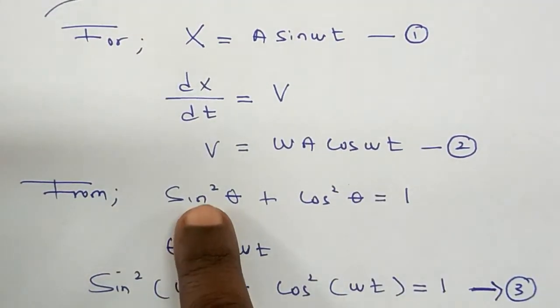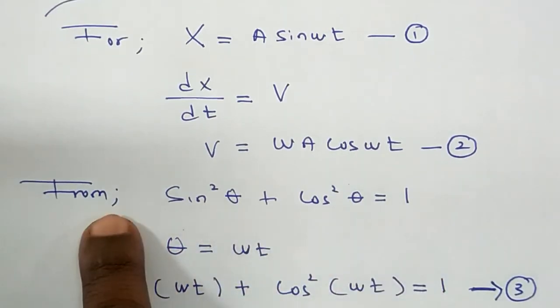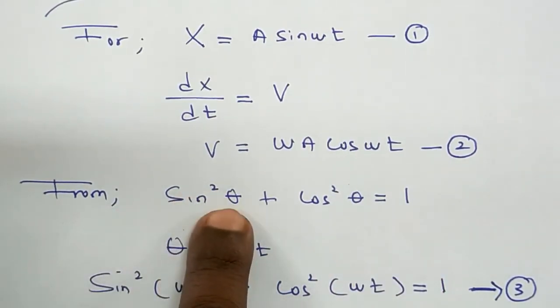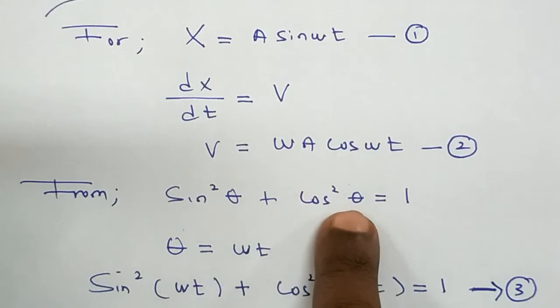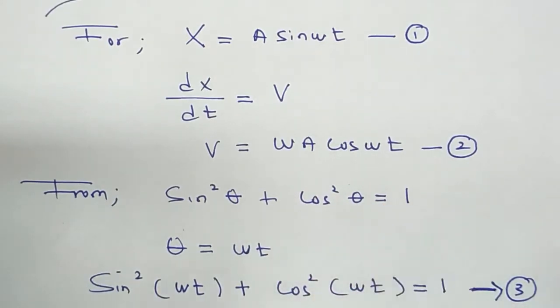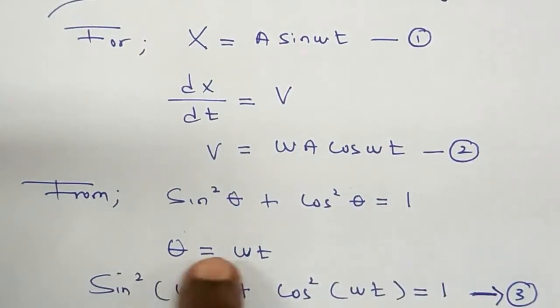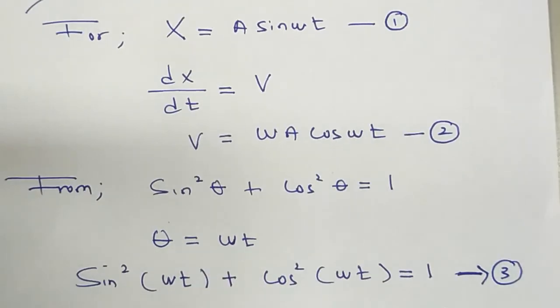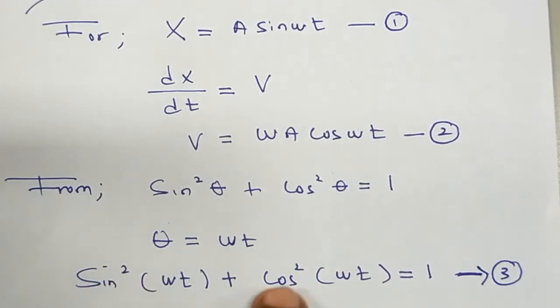By using one of the trigonometric identities, which is sin squared theta plus cos squared theta equals 1, where theta equals omega t, now the equation is sin squared omega t plus cos squared omega t equals 1.